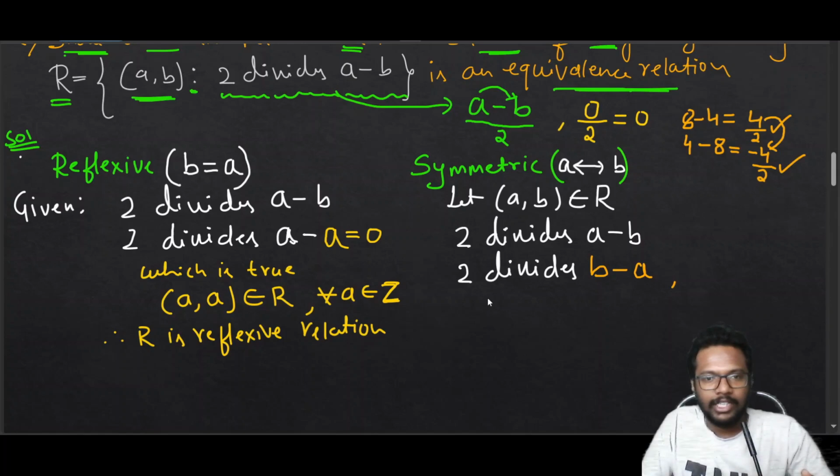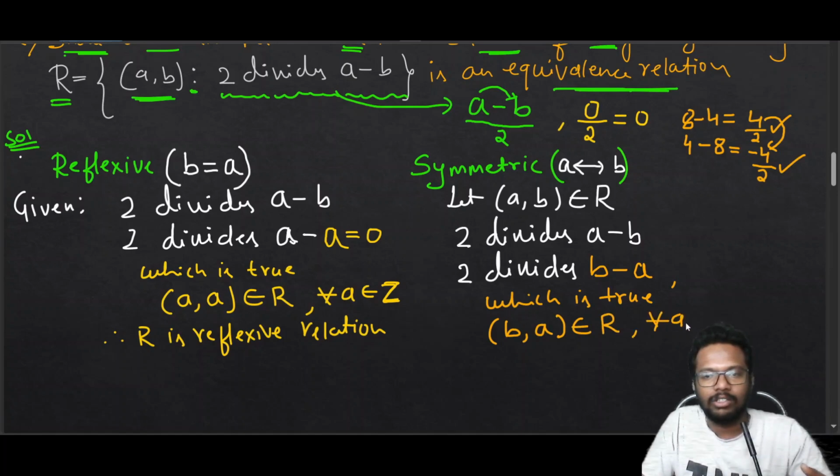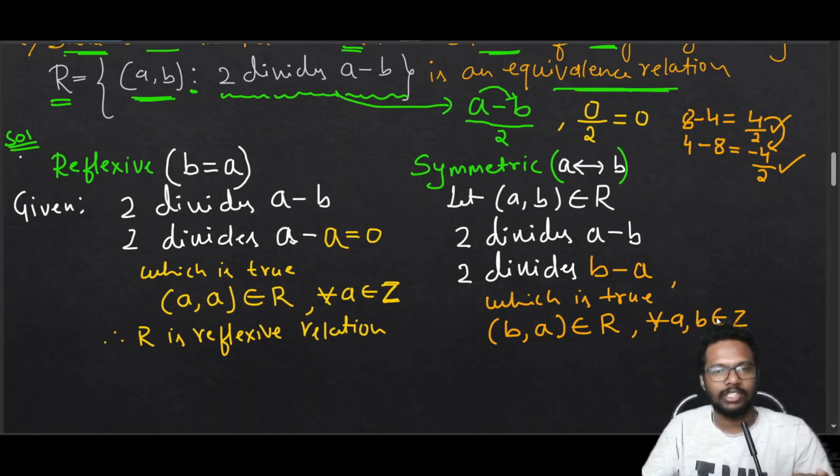So here we can write which is true. In the place of A we have written B, in the place of B we have written A, and the relation is satisfied. So the ordered pair (B, A) belongs to R for all (A, B) belongs to integers. For any (A, B) you consider, this relation will be satisfied.